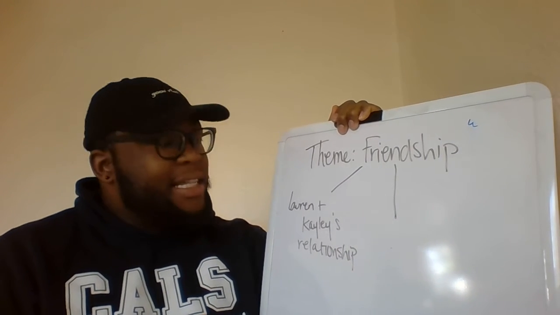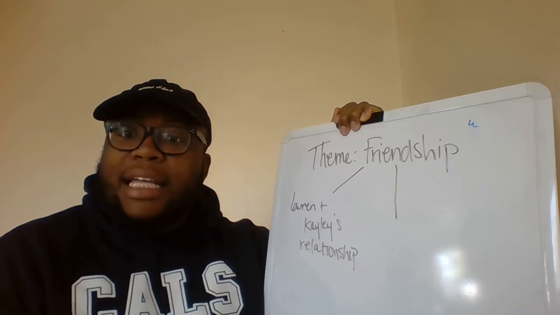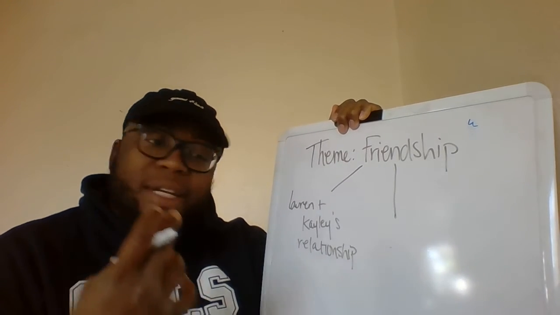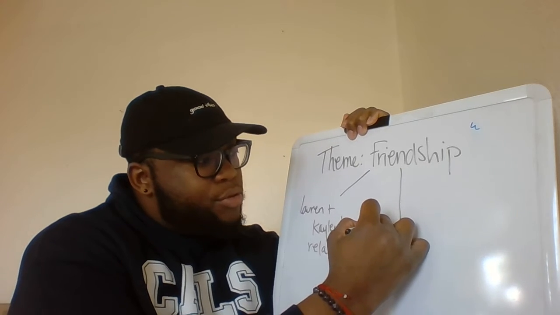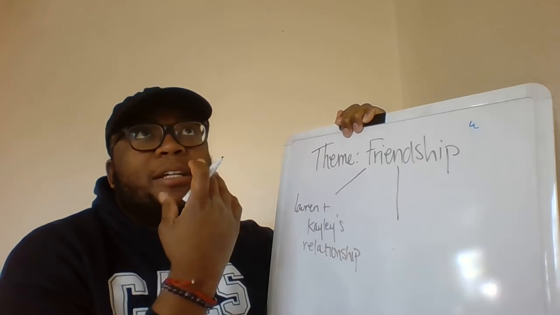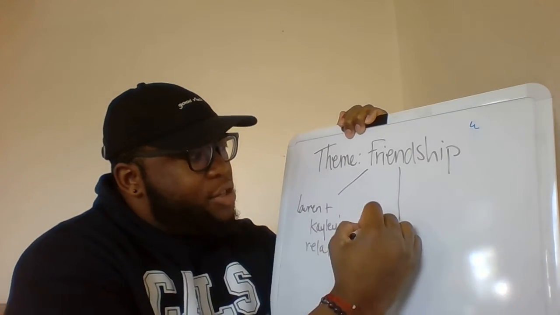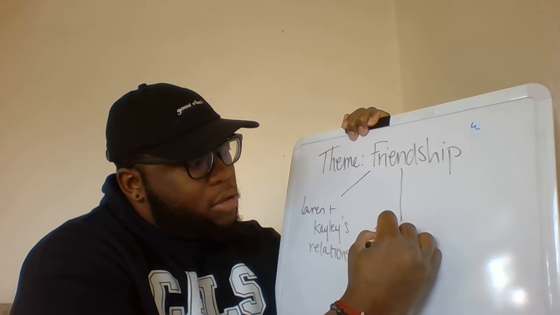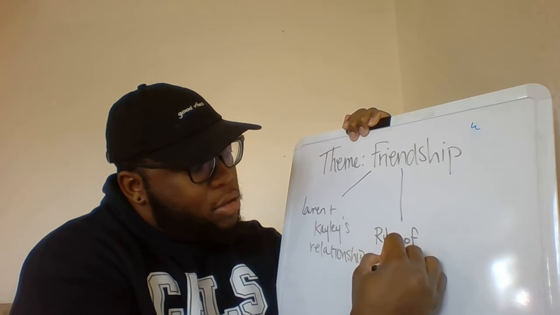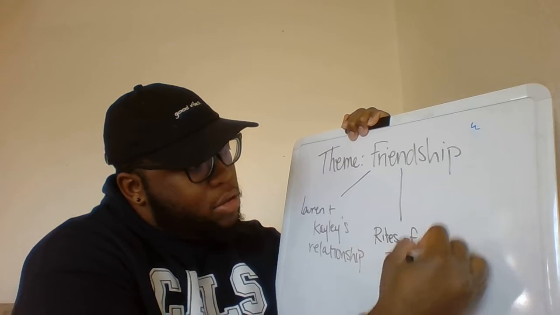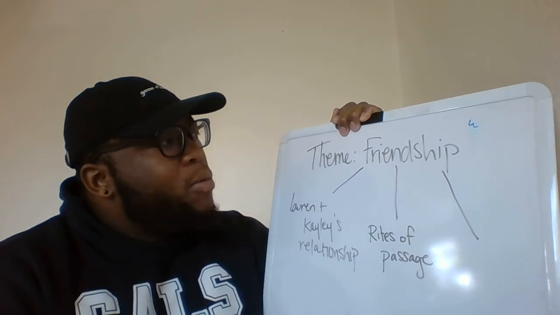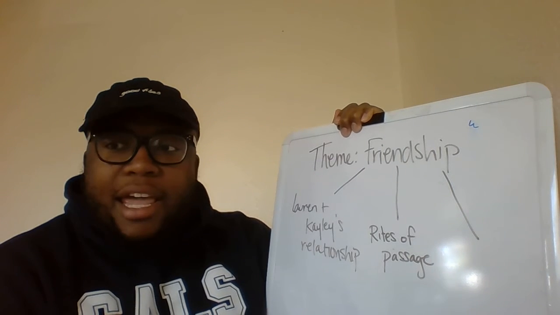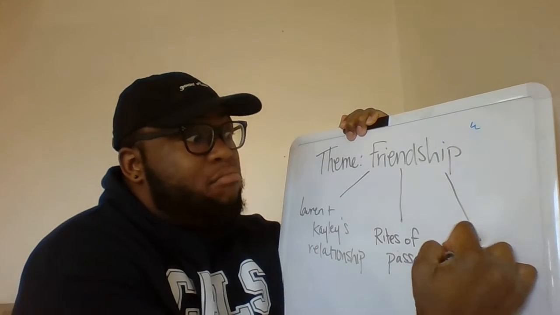We can also see that it's a test of high school, school-age situations, or like I like to call it, a rites of passage. I also would make a connection with bullying.